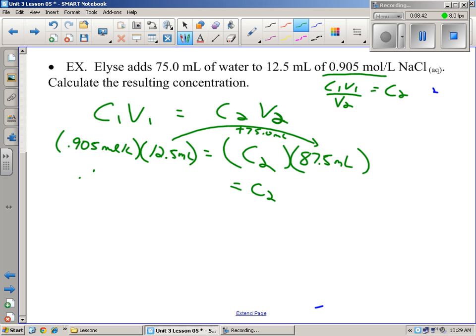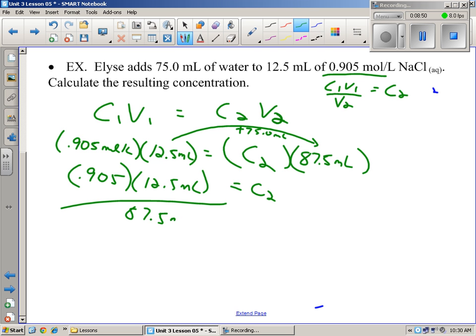So 0.905, of course, times 12.5. Some of you are probably asking, do I need to change this to liters? Should this volume be in liters? And the answer is no, it doesn't have to be in this formula, because this is kind of like your P1V1 equals P2V2. As long as they match up, then you're okay.